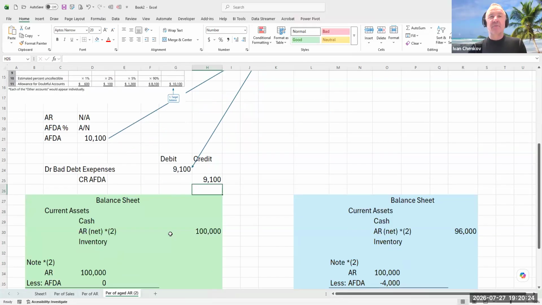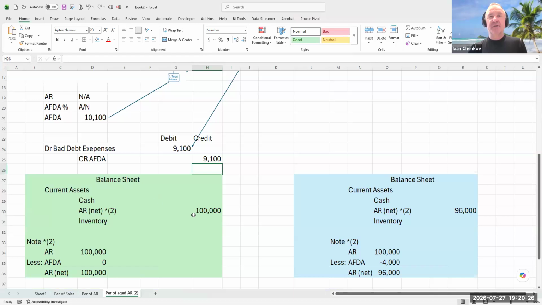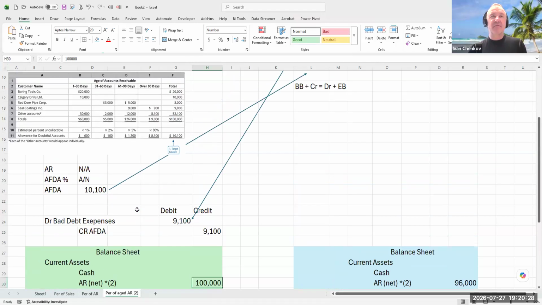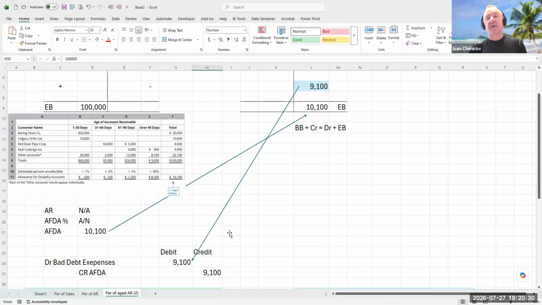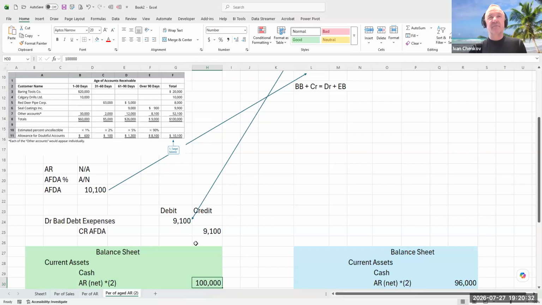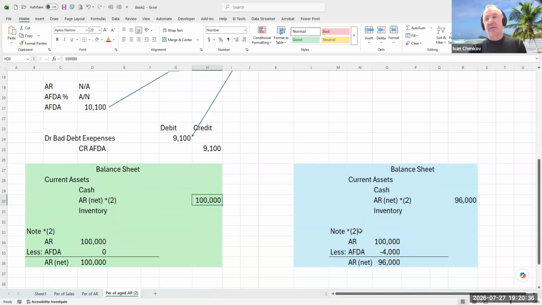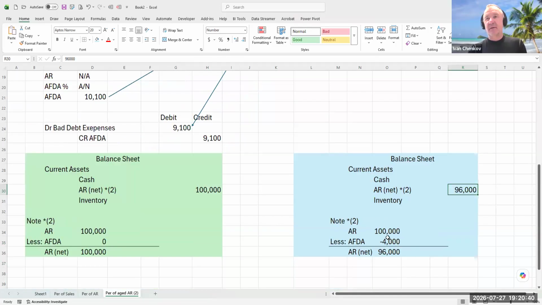What will be the presentation on the balance sheet? Before this journal entry, we're going to have accounts receivables of $100,000. After that, we're going to see accounts receivables of 100,000, allowance for doubtful accounts minus 10,100.